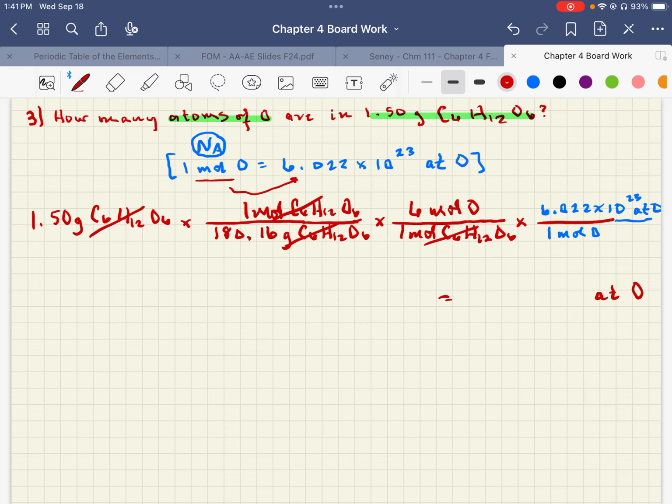So I'm going to do the math. 1.5 divided by 180.16 times 6 times 6.022 EE 23. And I end up with 3.01 times 10 to the 22nd atoms. So my sig figs are correct.